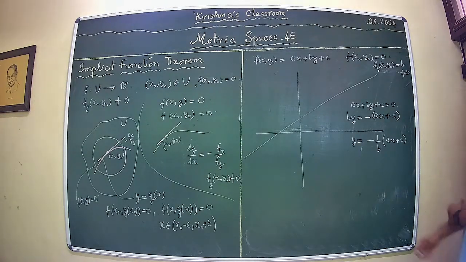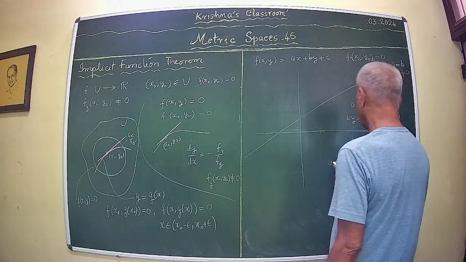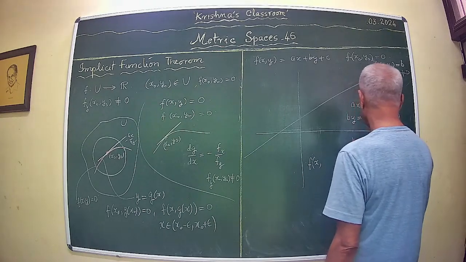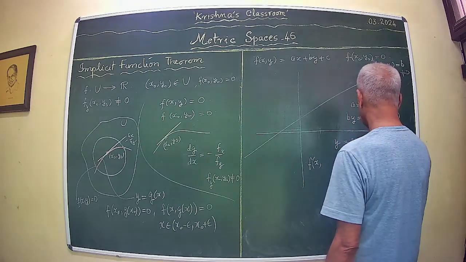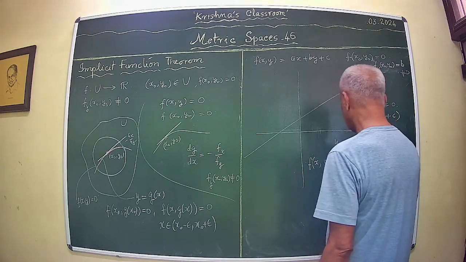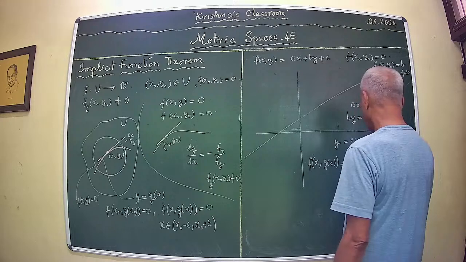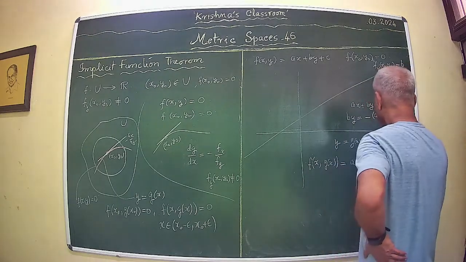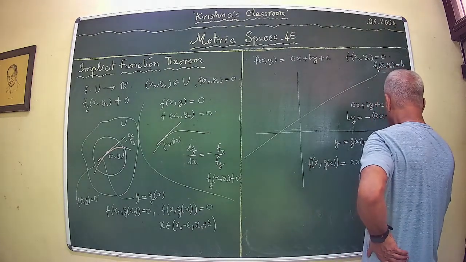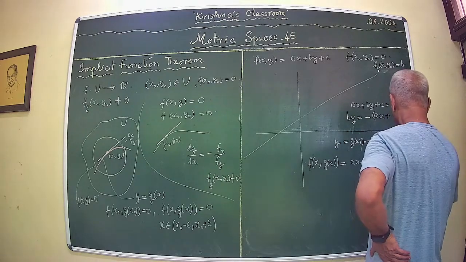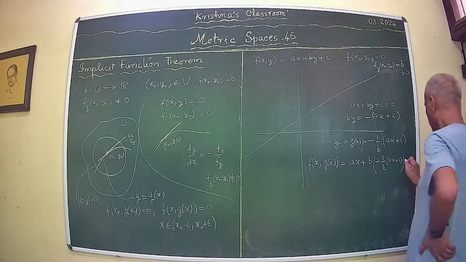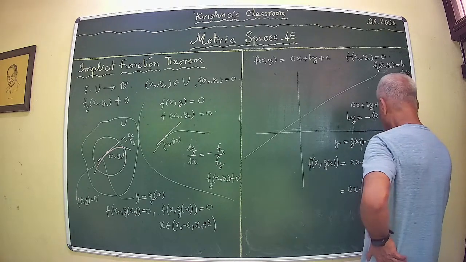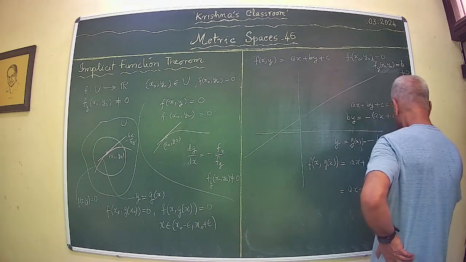Explicitly, I'll write y as g of x equal to minus 1 by b times (ax plus c).